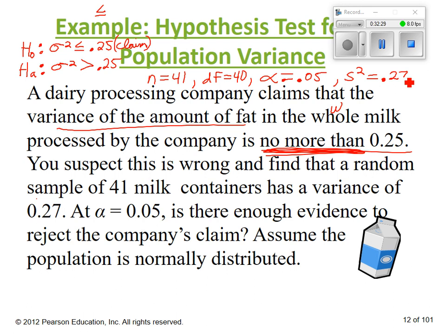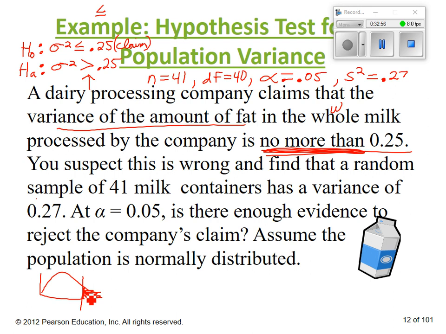Our graph, and I'm not going to have space to draw a graph right here, but I'm just going to draw a little bit of it. Our graph's going to look something like this. This tells us that we are right-tailed. So if we're right-tailed, all we're going to do is use our chart and our alpha and our DF. So our DF is 40.